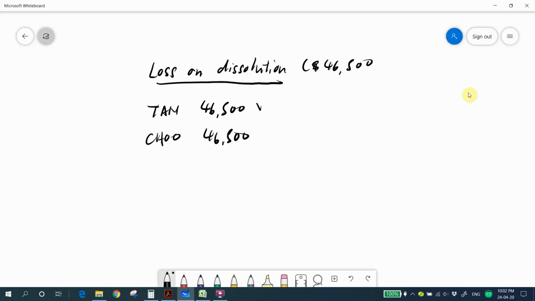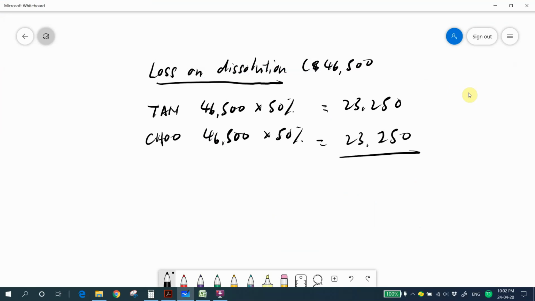So let's multiply with 50%. 23,250. So 46,500. So this is the loss that we have to share to Tan and Chu capital account.